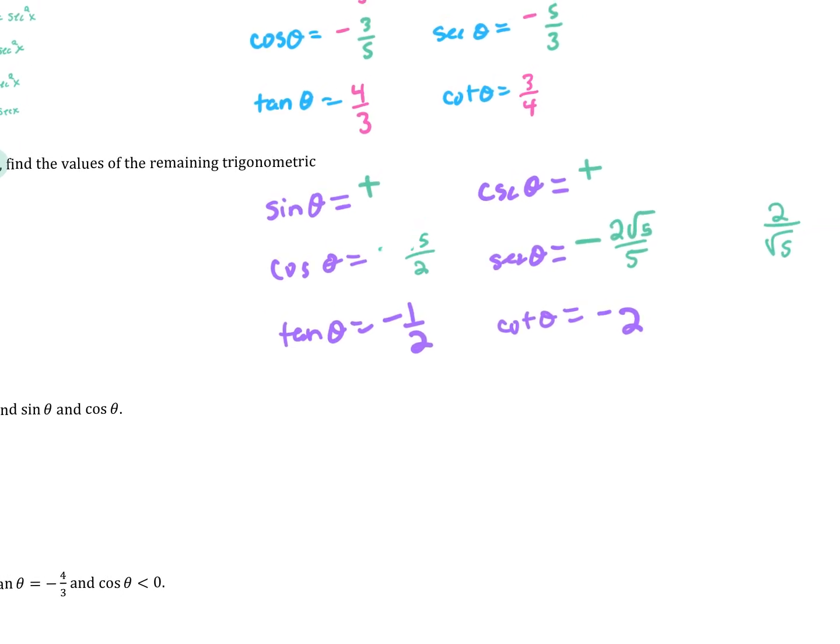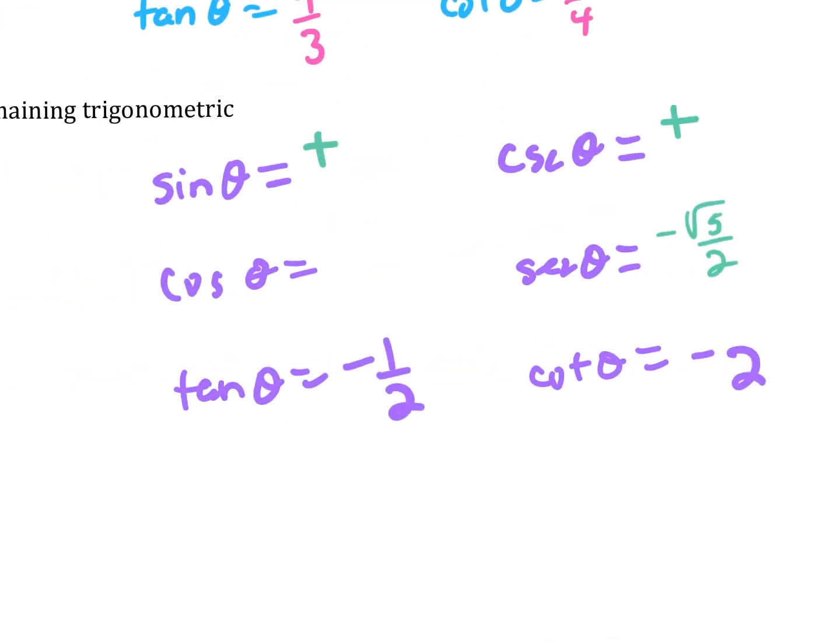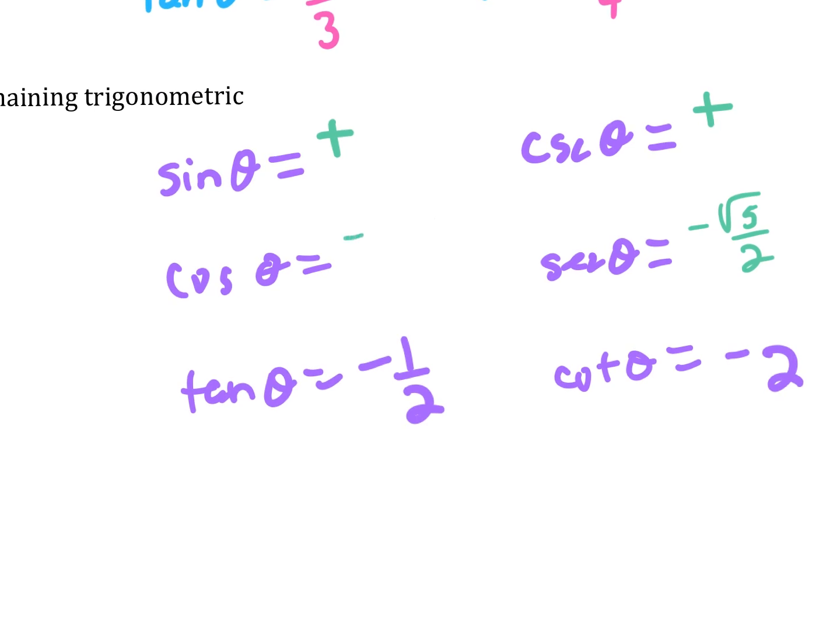I'm all kinds of goofy mistakes today. Good, I'm keeping you on your toes and you're keeping me on my toes. Thank you, I appreciate that. Now my pen's acting up. Okay, so secant is negative root 5/2. So that means our cosine is negative 2 root 5/5.